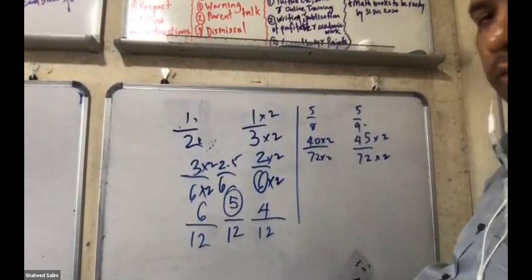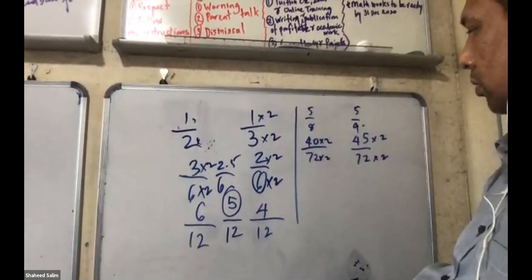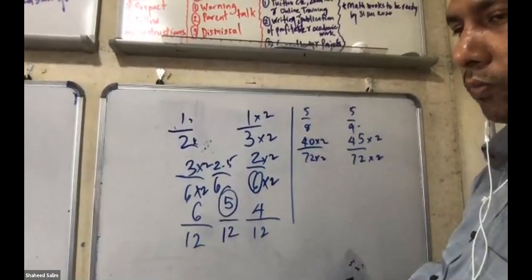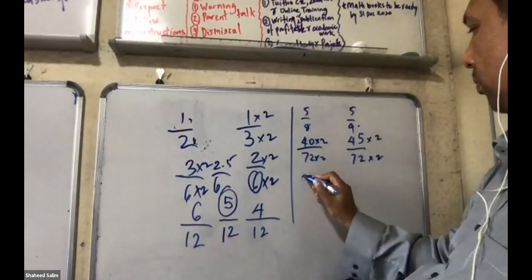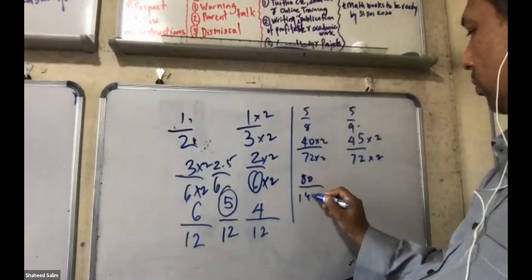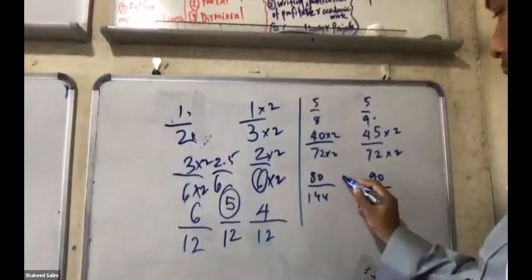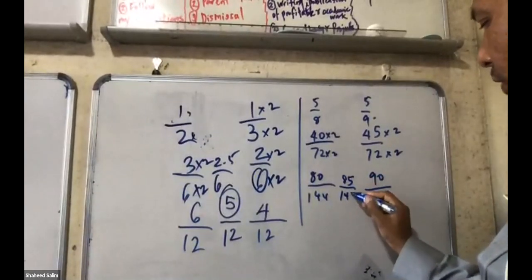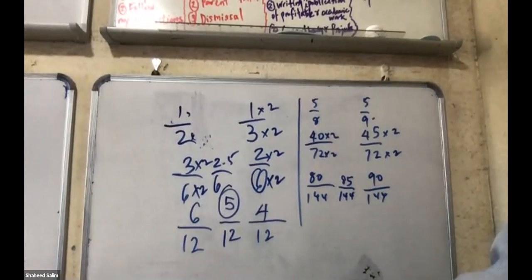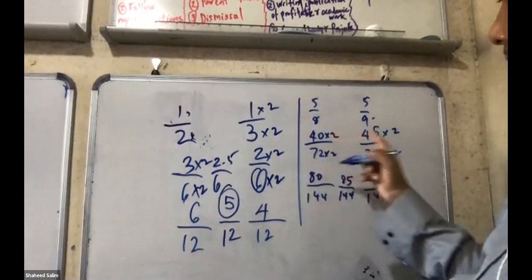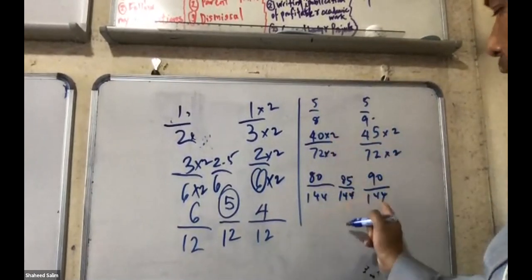What do you get? Then you can get 85 over 144. I times this by another 2 and I get 144 for all of them.